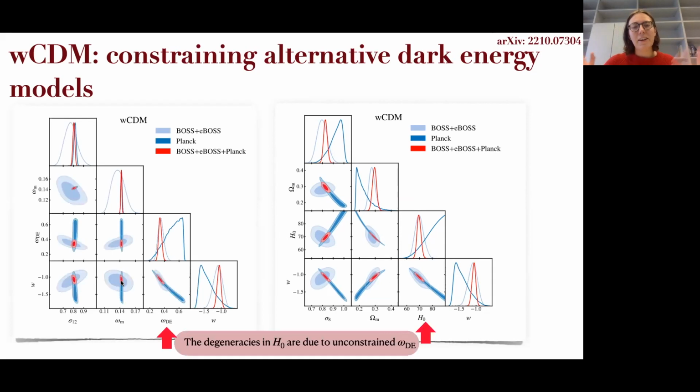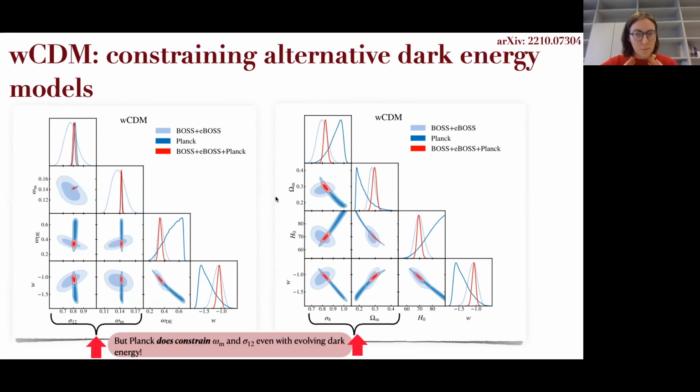And this can be seen very explicitly if we look at the physical parameter space. So we know that the value of H0 today is mainly determined by the sum of physical matter and dark energy densities. And you can see that the physical matter density is still constrained extremely well, and it is the dark energy density that is the cause of these extended contours.